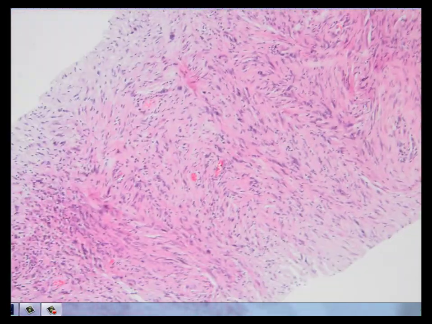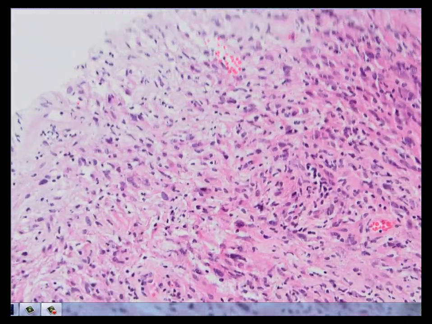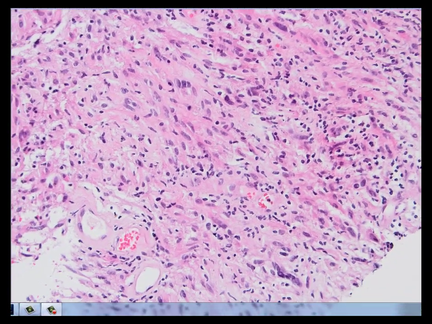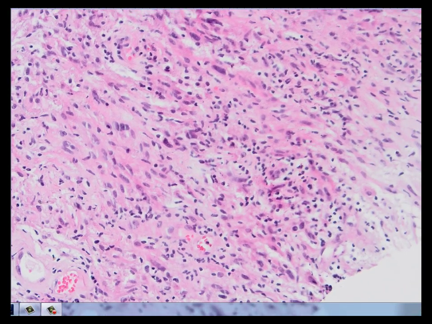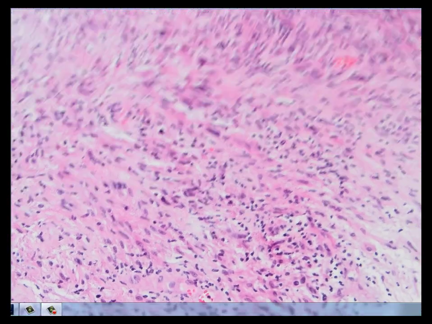Here these atypical, hyperchromatic cells may confuse the pathologist, but this type of degenerative atypia may be seen in ancient schwannomas.